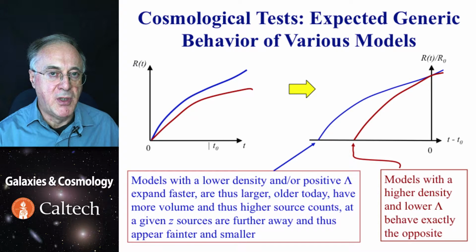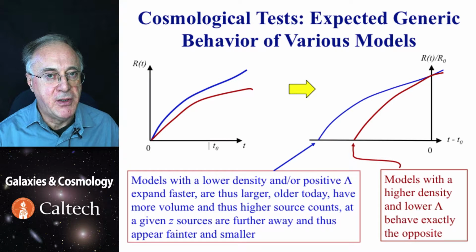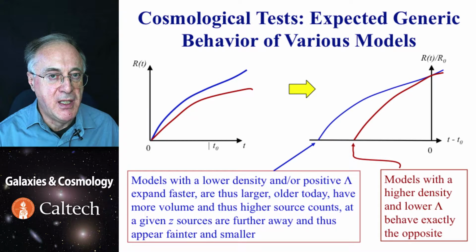So if you take two models, one of high density, one of low density, and pinch them at the same value of the Hubble constant, which is what defines today's Hubble time, well, then the one with higher density actually spends shorter time getting there, and its intercept on the time axis is shorter.